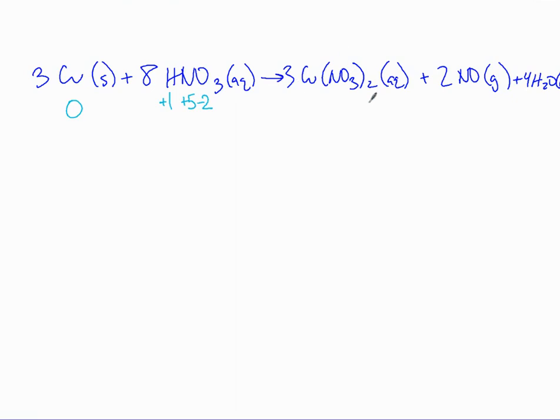Over here, we have nitrate and we have 2 of them. Each nitrate has a -1 charge, meaning that all of this has a -2 charge. So copper is +2. Oxygen is -2. And again, nitrate is going to be the same as it was here. Nitrogen is +5.